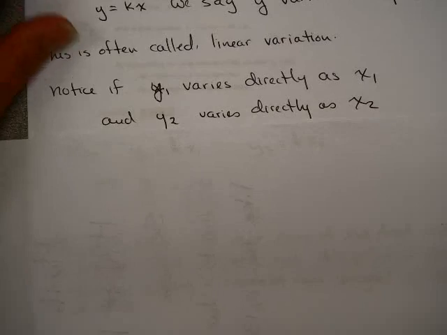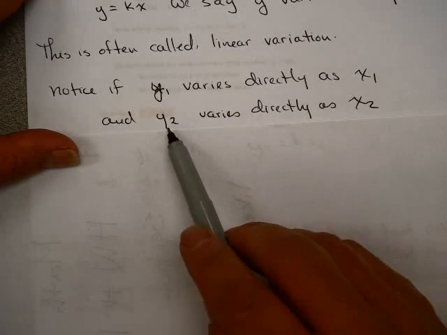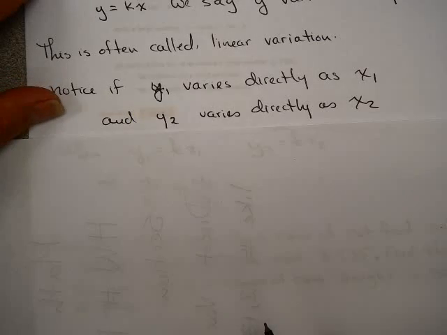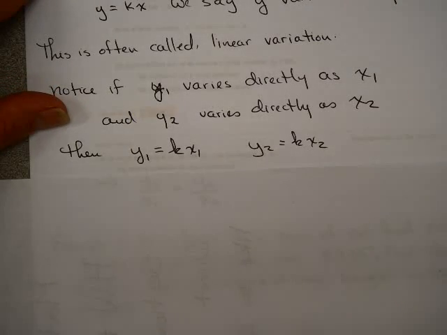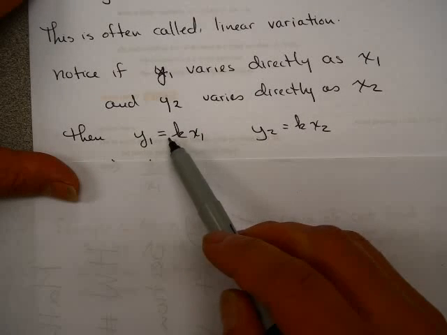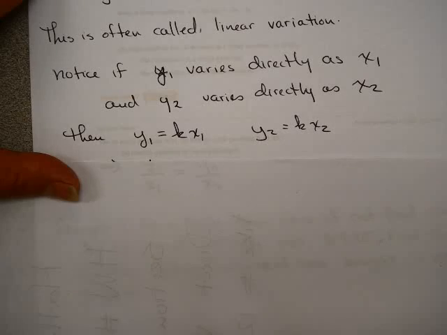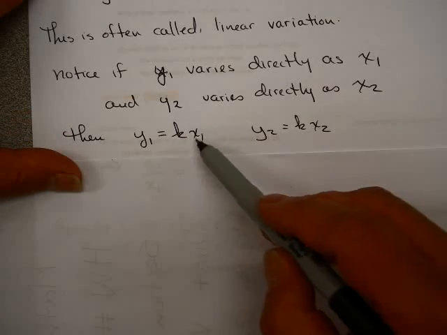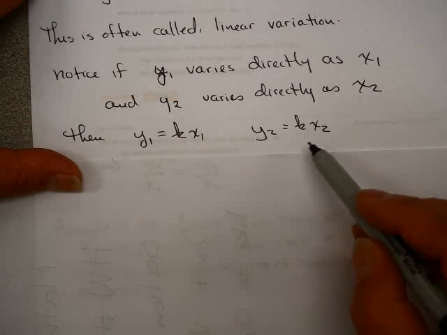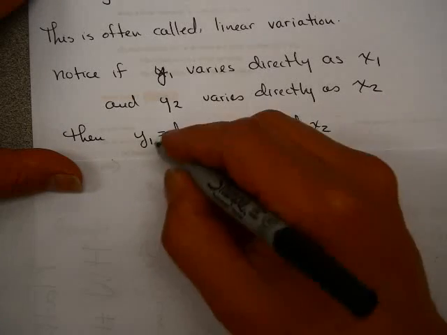Here's another way to think about it. Notice if y1 varies directly as x1 and y2 varies directly as x2, then by that definition of direct variation, you get these two equations: y1 equals kx1 and y2 equals kx2. Now, you can divide both sides of this equation by x1 and both sides of this equation by x2.